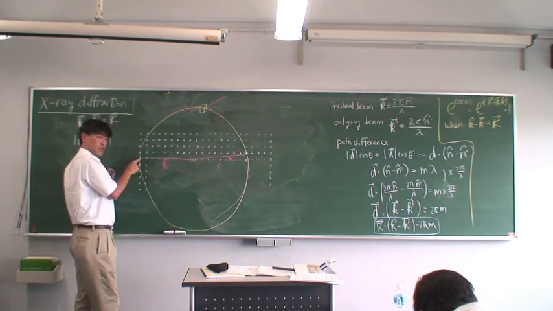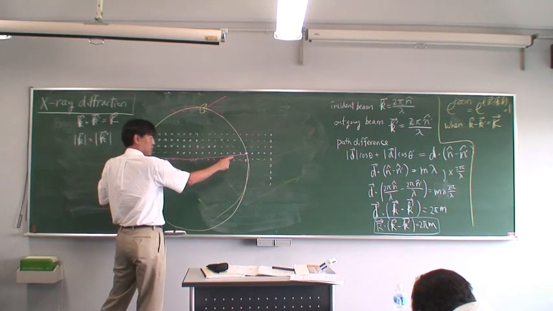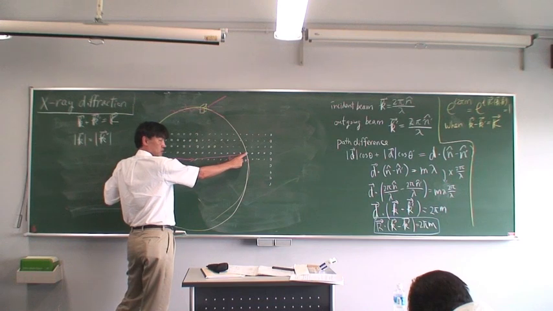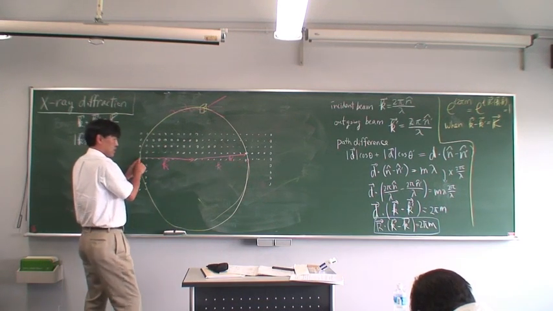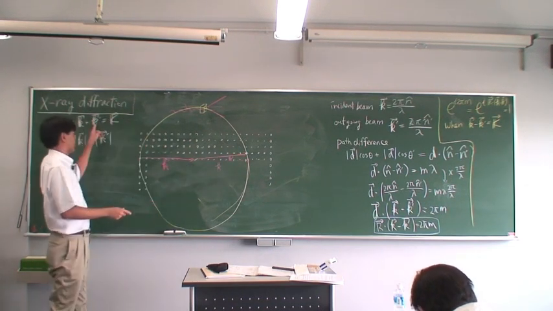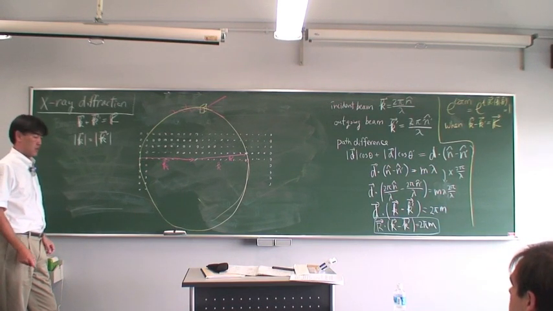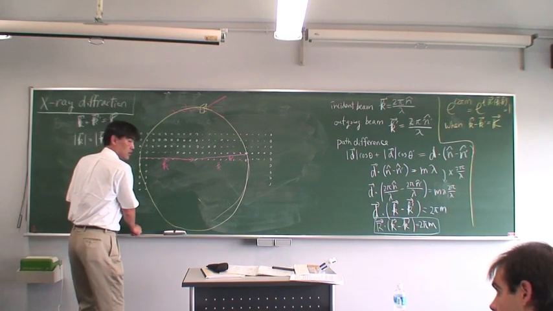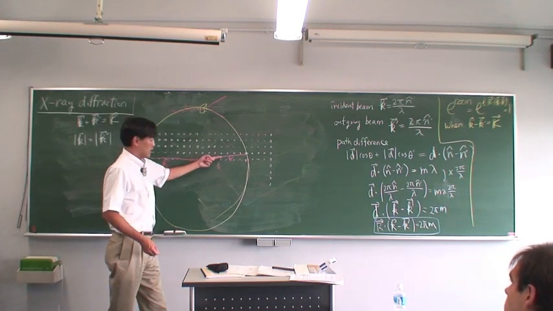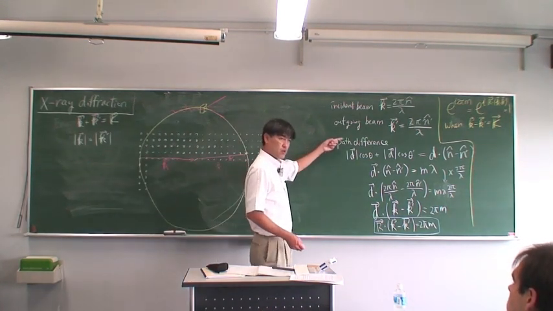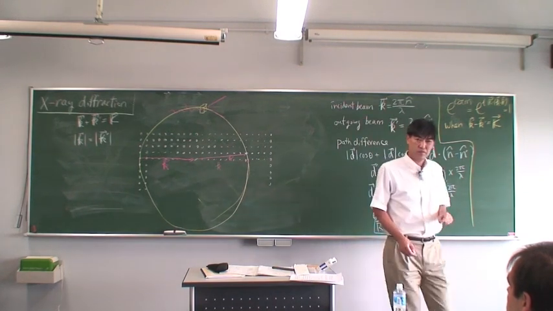There's a reciprocal lattice point at the beginning of K and at the end of K prime. If I connect them, this condition is fulfilled. So we conclude that light becomes strong in this direction.